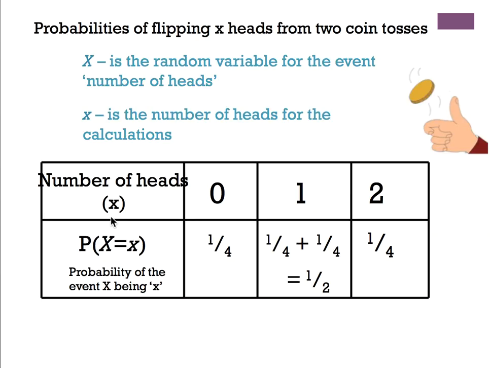Now we can summarize that, we can tabulate that by having this probability distribution table. The first row has the values of the random variable, and the second row has the corresponding probabilities.